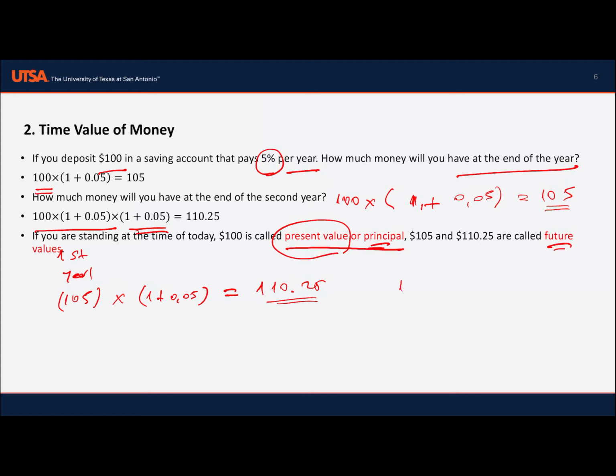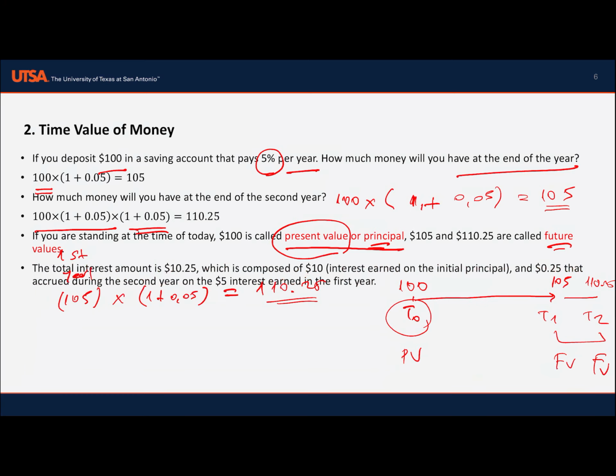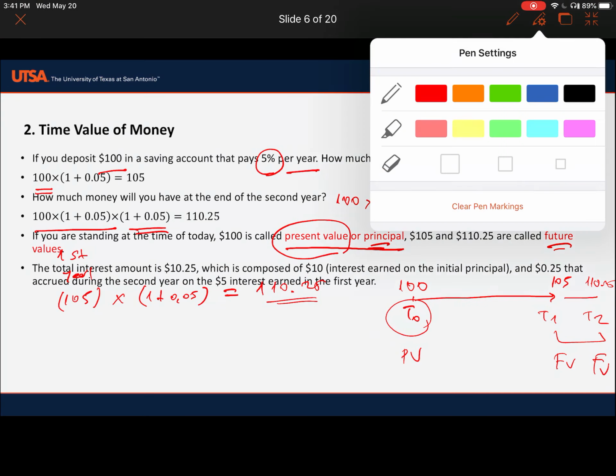So you're investing 100 today at time t0, and you will have 105 in 1 year, and you will have 110.25 at t plus 2. This is the present value, and these values are the future values. Let me clear here.